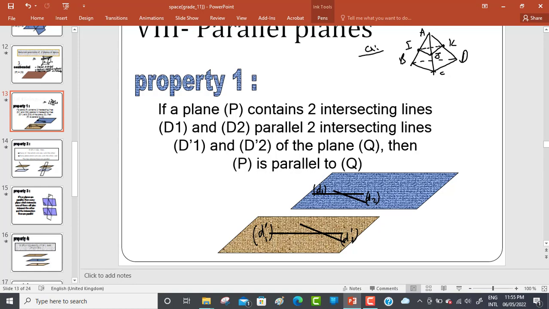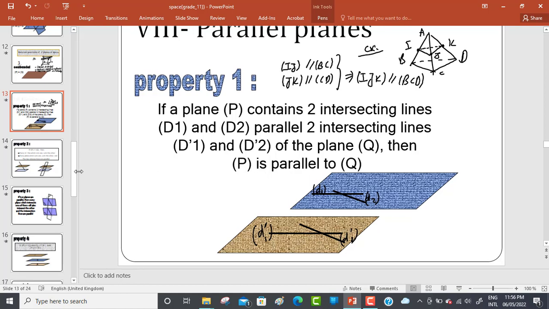If we need to show that the two planes IJK and BCD are parallel, you can say that the line IJ is parallel to the line BC according to the midpoint theorem, and the line JK is parallel to the line CD, also according to the midpoint theorem. So the plane IJK is parallel to the plane BCD because two intersecting lines of the first one are respectively parallel to the intersecting lines of the second one. Okay, this is a small example.